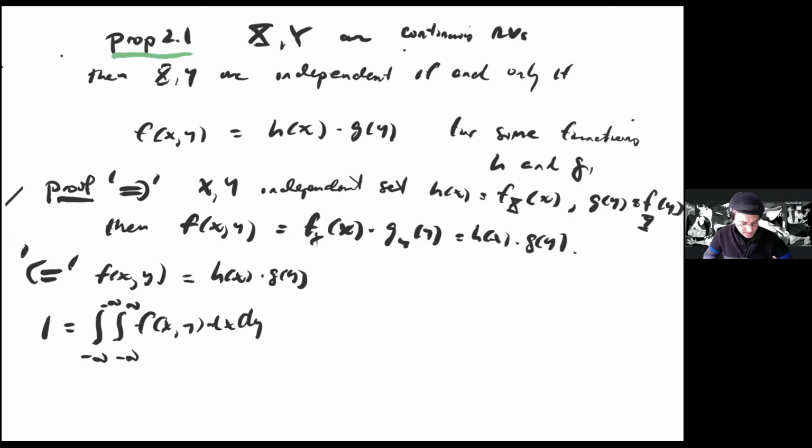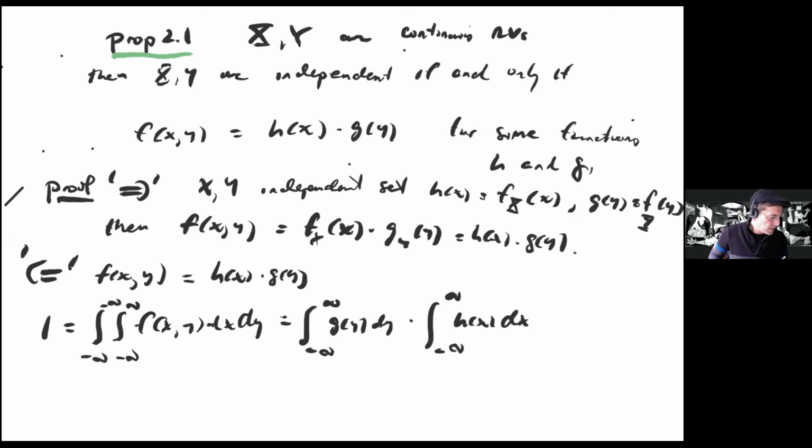We can rewrite this using the Fubini theorem as the integral from minus infinity to infinity of g of y dy times the integral from minus infinity to infinity of h of x dx. So we can write this as a product of two numbers. Let's call the first number C1 and the second number C2. So this is C1 times C2, and its product is 1.